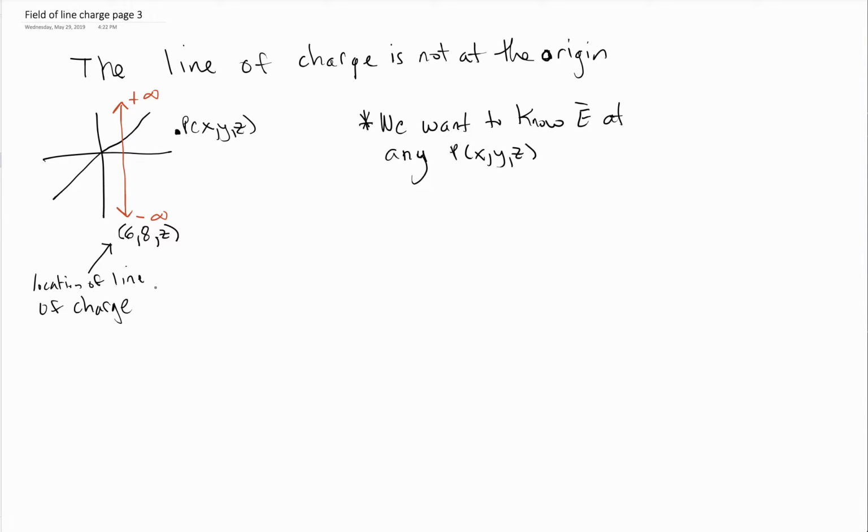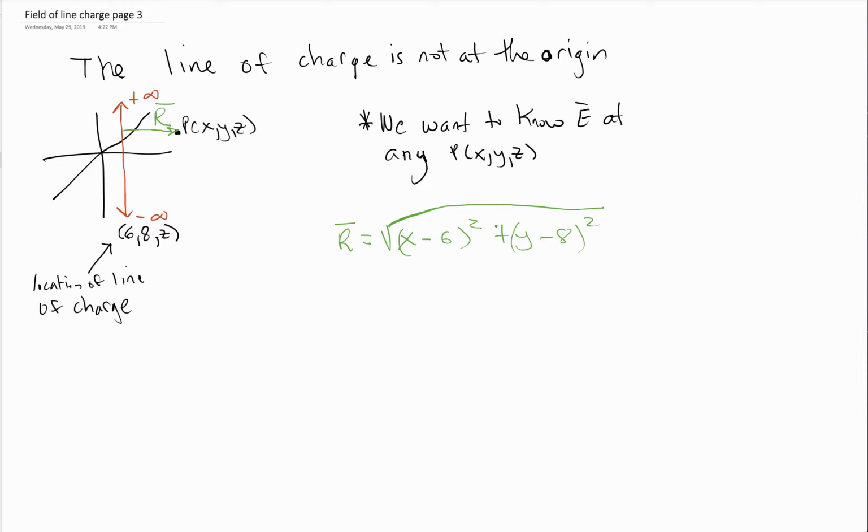And so the distance from the field point to the line, r, is going to be equal to the square root of x minus 6 squared plus y minus 8 squared, and that's all square root.